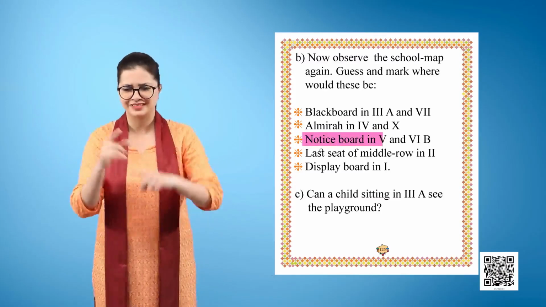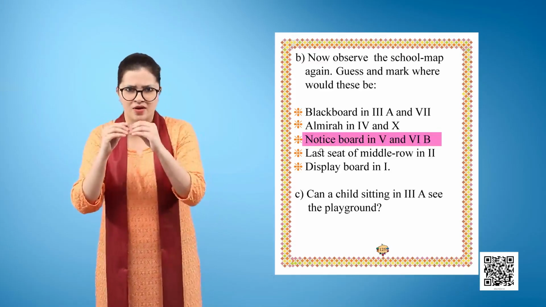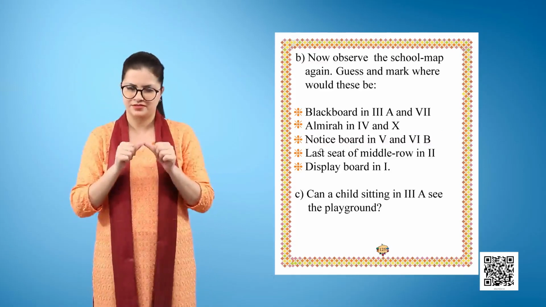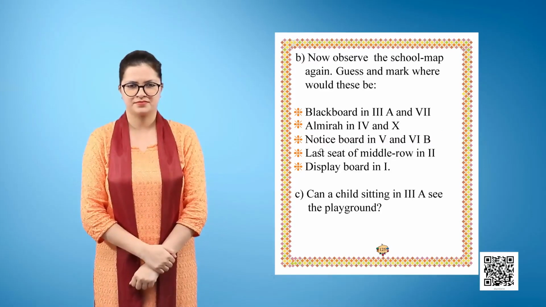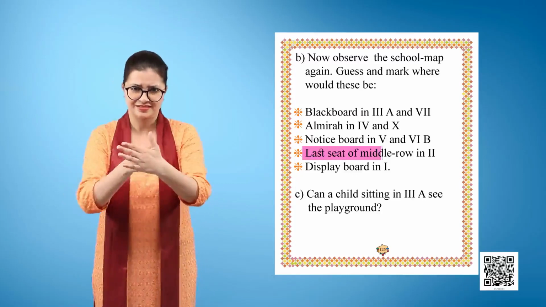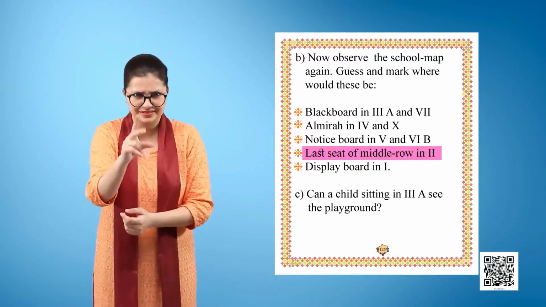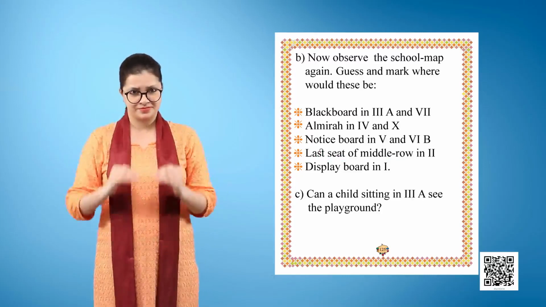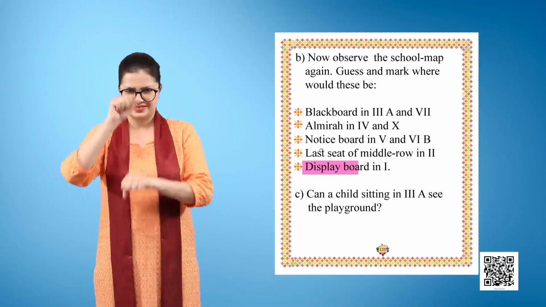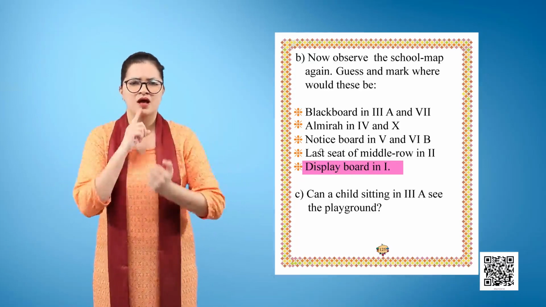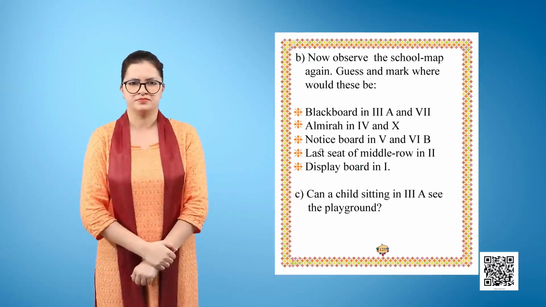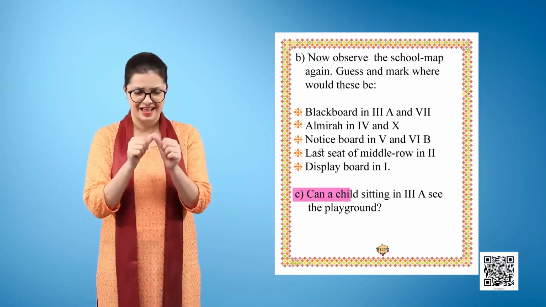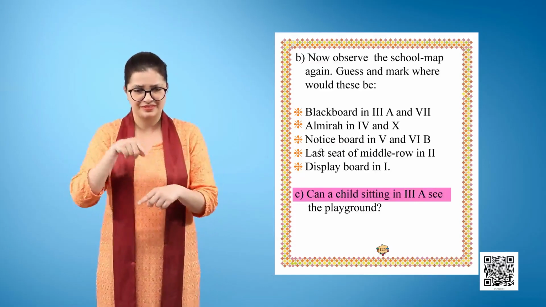Notice board in 5th and 6th B. Last seat of middle row in 2nd. Display board in 1st. C. Can a child sitting in 3rd A see the playground?